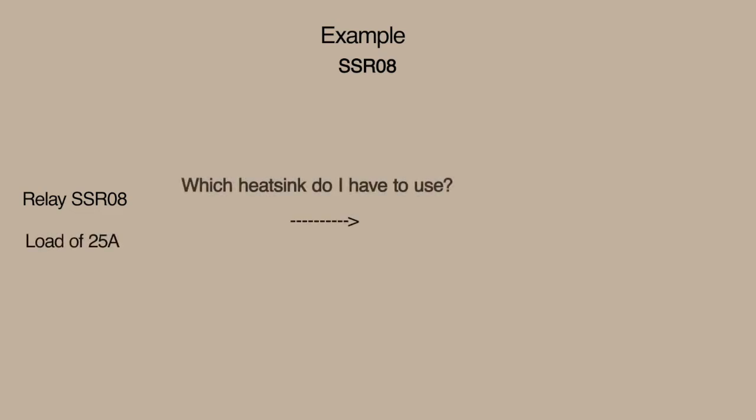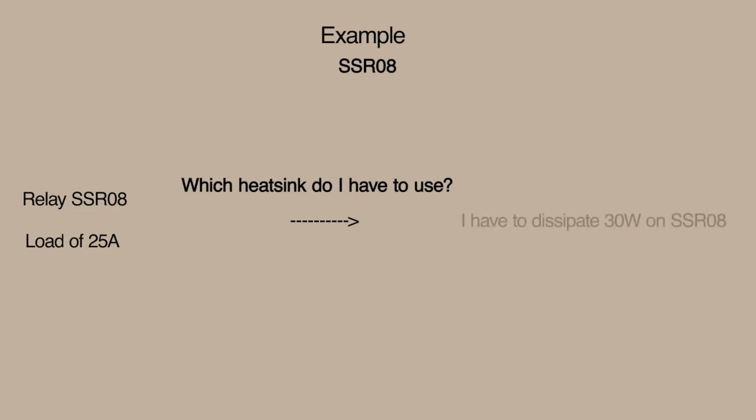Let's move on to a practical example. We can suppose to have a load of 25 amperes. Now we are focused on the power dissipation, so on the heatsink sizing. With a dropout voltage of 1.2 and a current applied of 25 amperes, we get 30 watts of power drop.